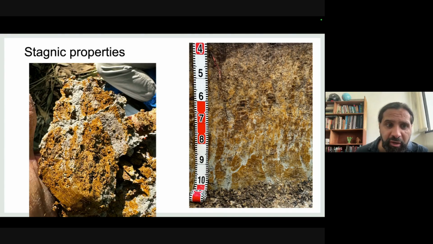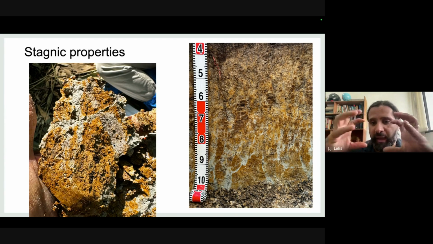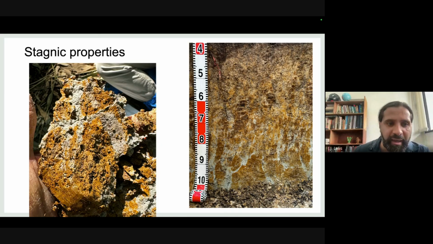But in the voids, you register iron 2 because of the reducing conditions. So the stagnic properties are the opposite of the gleyic properties. You have reducing conditions only in the voids, only between the peds, between the aggregates, okay, and the space between them. So you have some lines, as you can see very easily here and here.